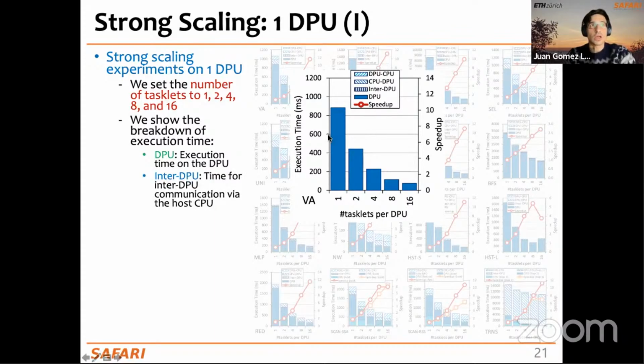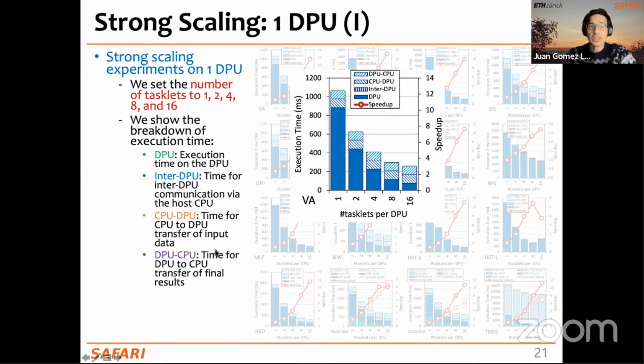In some of the benchmarks, you will also see some amount of inter-DPU communication. As I said before, this might be because we need to redistribute intermediate results, or maybe because we need to merge the final results on the host CPU. We also have the time for the CPU to DPU transfers of the input data and the DPU to CPU transfers for the final results.